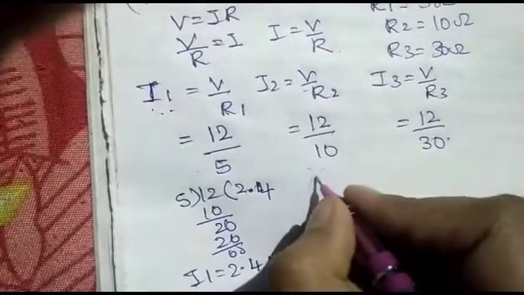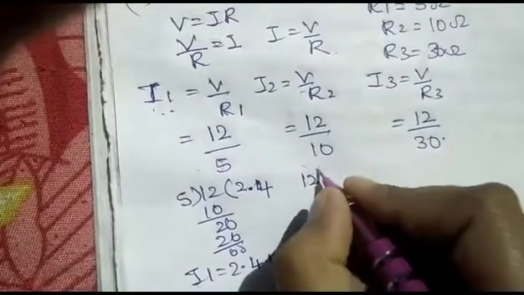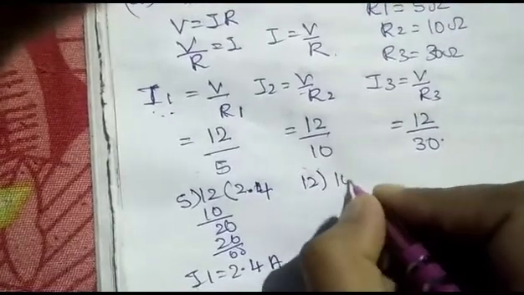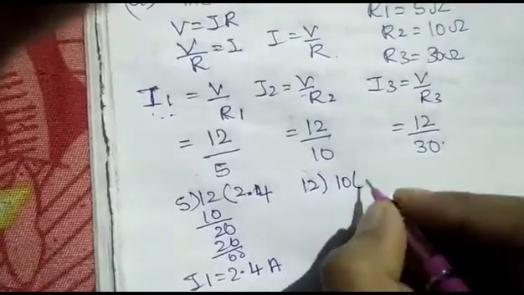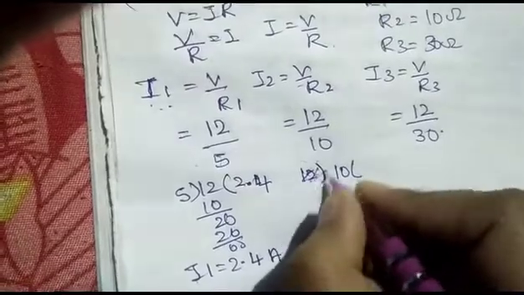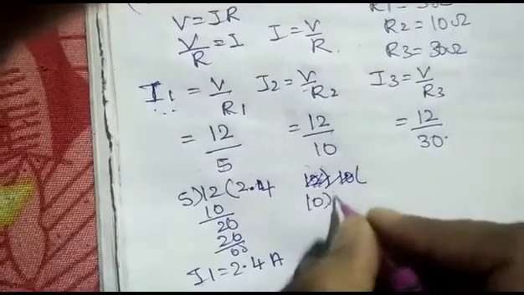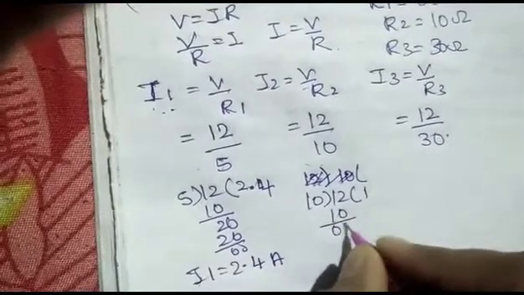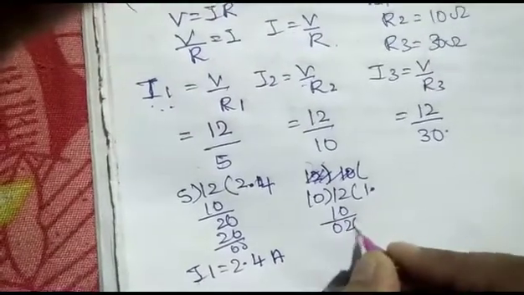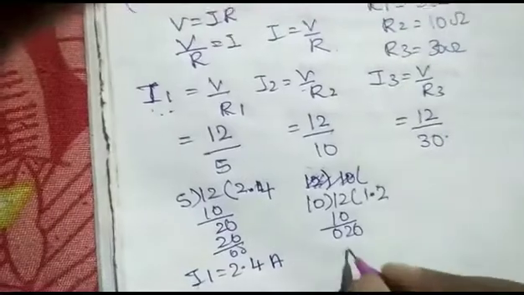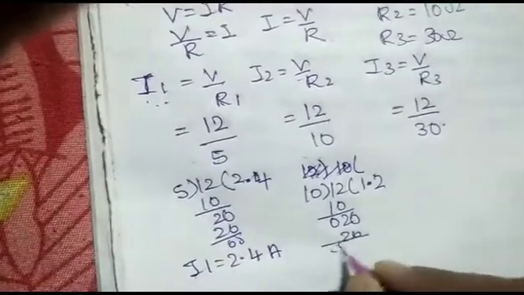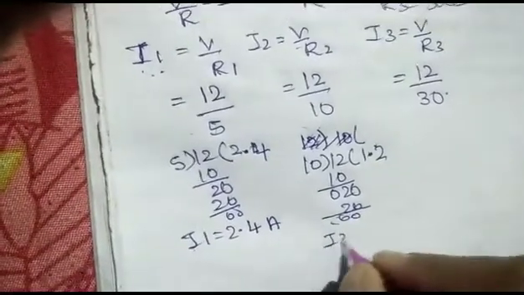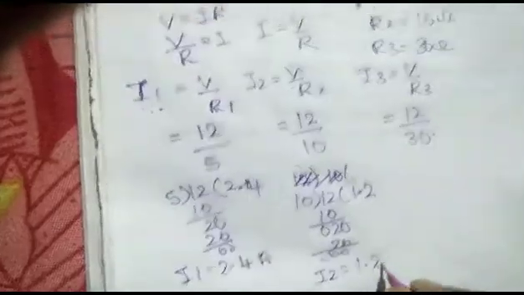So here again, that is 12 divided by 10. 10 ones are 10, 2 point, again 10 twos are 20. So 0, and I2 is equal to 1.2.